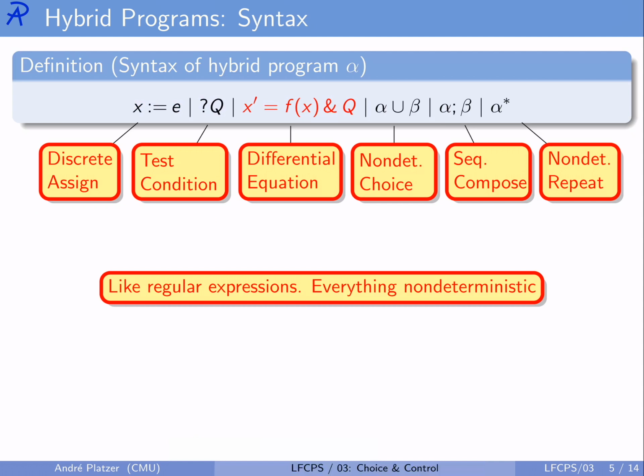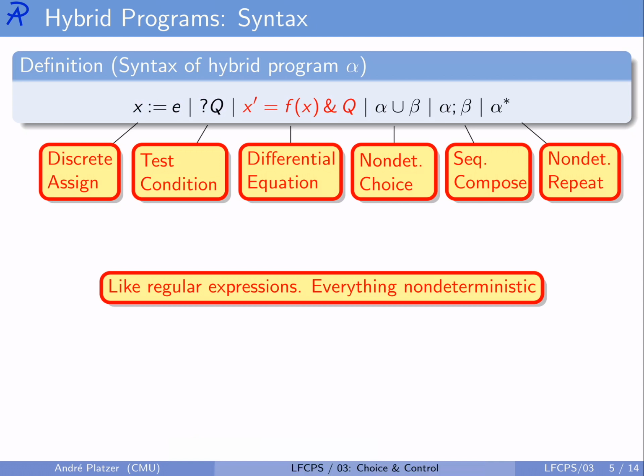The semantics of formulas was the set of states in which the formula happens to be true. That's actually also not the right thing for programs because they're not supposed to be true in some set of states. But what hybrid programs do is they change state. They take us from some old state into some new state.